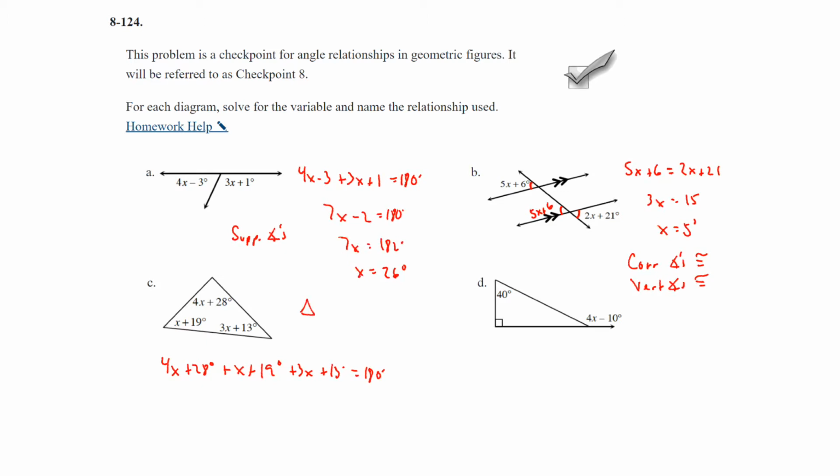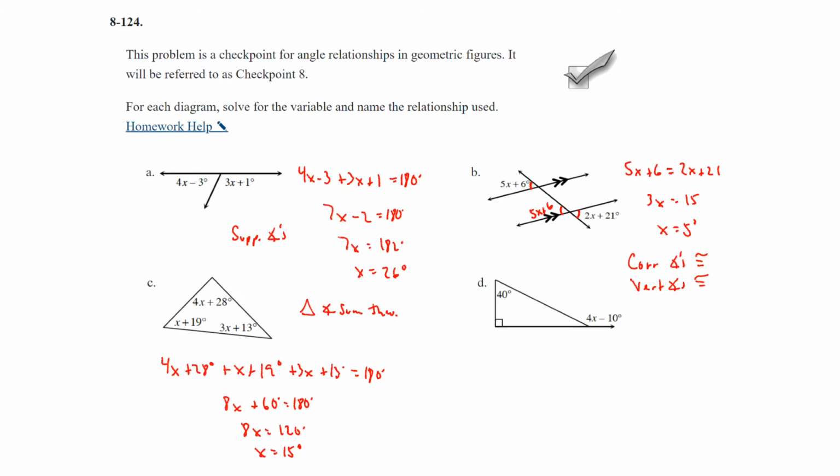Once again, that's the triangle angle sum theorem. So we add them up. 4x plus x plus 3x is 8x. And then 28 plus 19 plus 13 is 60. Subtract 60 from both sides, divide by 8, and x is equal to 15 degrees.